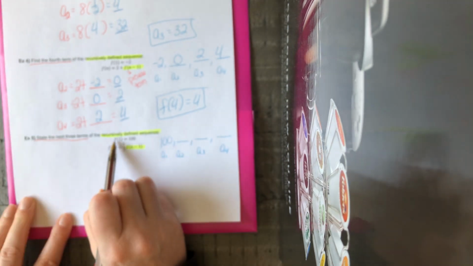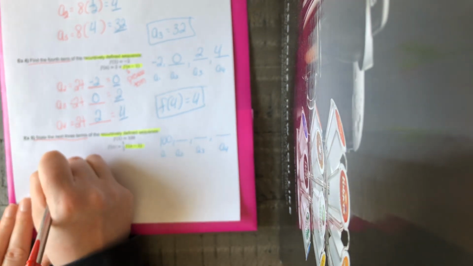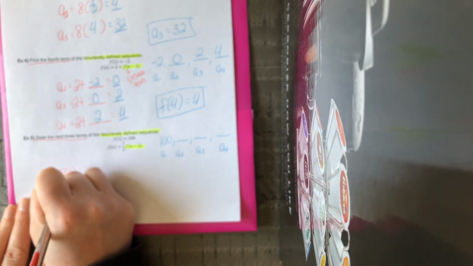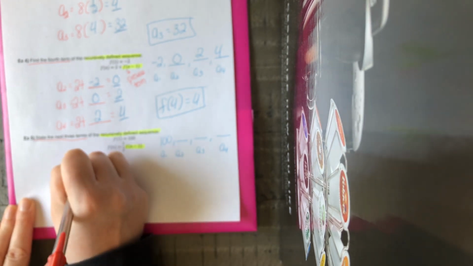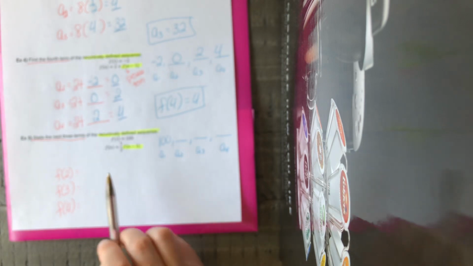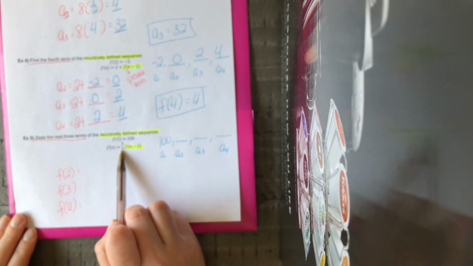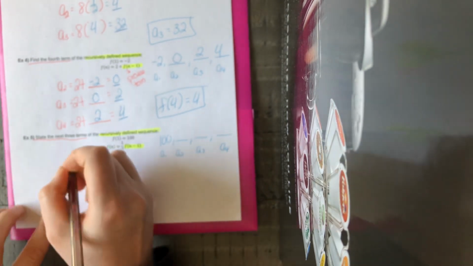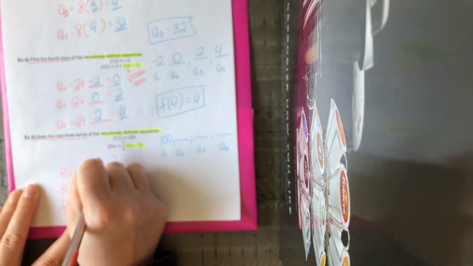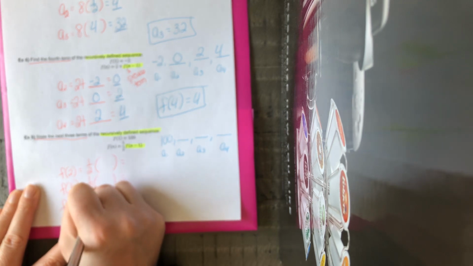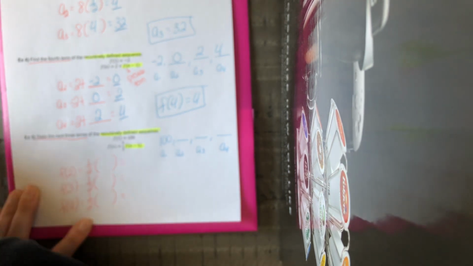I have to find not f of 1, but f of 2, f of 3, and f of 4 to answer this question. And again, it's 1/2 times my last answer. That's the formula that I have to follow for this question.